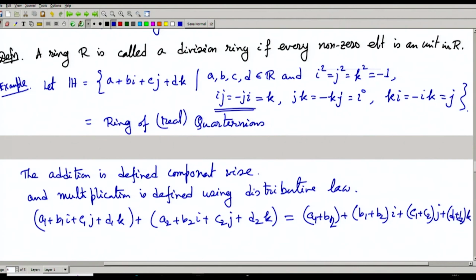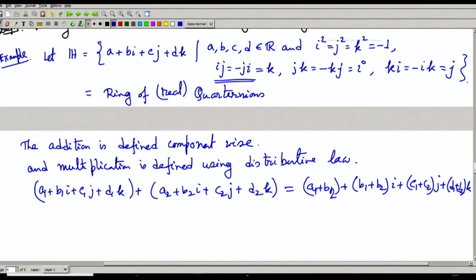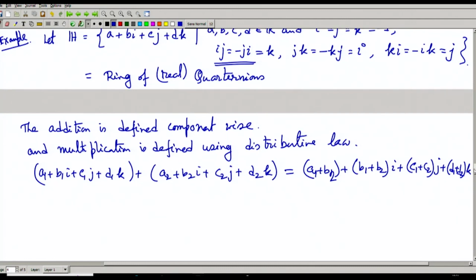This is how the addition is defined, and I would like to explain the multiplication with the help of an example.